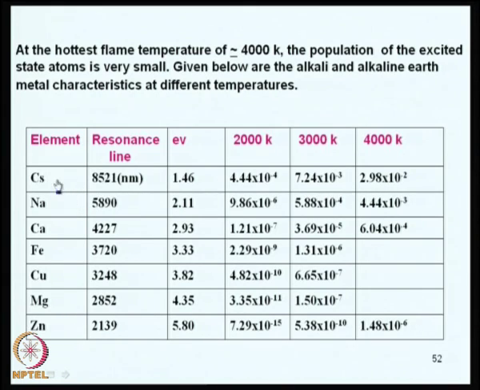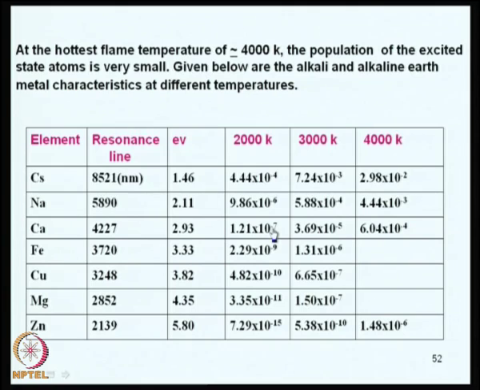Sodium and cesium, they are alkali metals. Suppose you go to alkaline earth metals, then the situation changes drastically. Now, for alkaline earth metal calcium, 4227 is the resonance line, and you will find that at 2000 degree Kelvin, Nj by N0 is of the order of about 1.21 into 10 raised to minus 7.